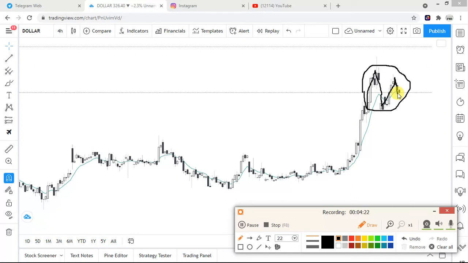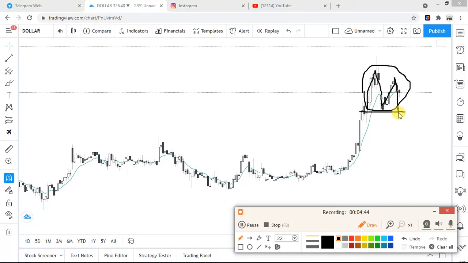So what we wait for here is for the market to accomplish this M pattern, which may be unlocked here. We lock this pattern here, and it will be reaching here.